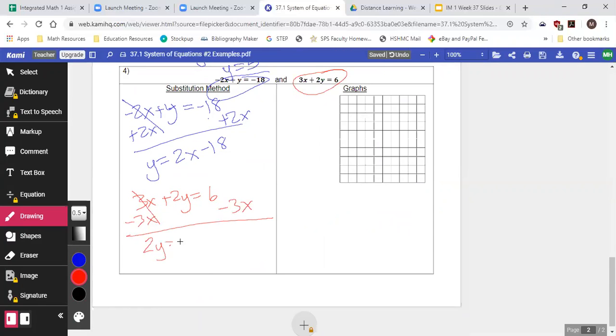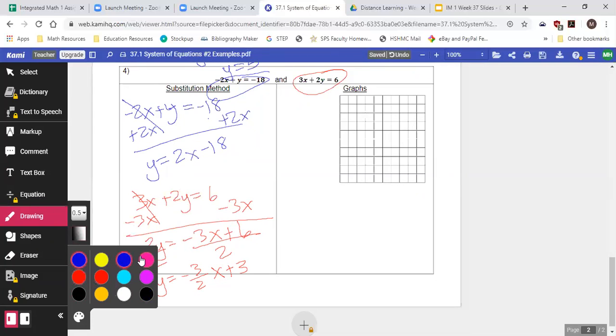Get 2y equals -3x plus 6. And then divide by 2 on both sides. And you get y is equal to -3 halves x plus 3, since 6 divided by 2 is 3. So we have both our equations in slope-intercept form.